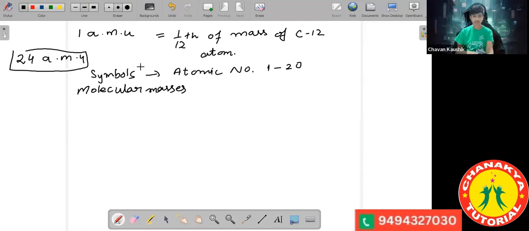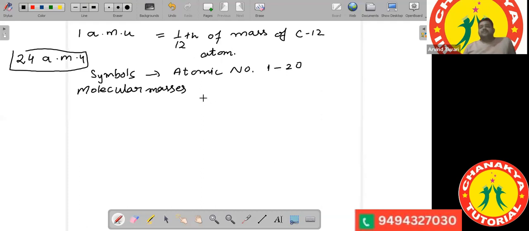Okay. So symbols we had studied. We also studied about the molecular masses. Now today we will be studying about Dalton's theory. We will study about the conservation of mass in a chemical process.